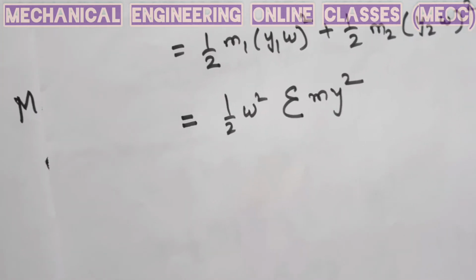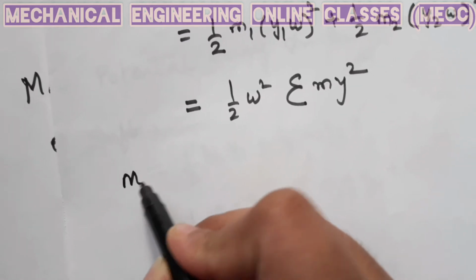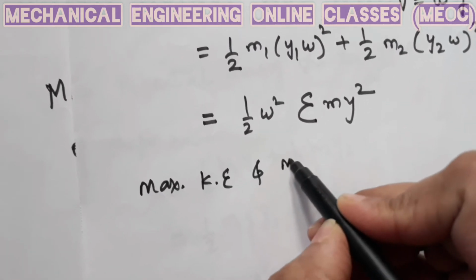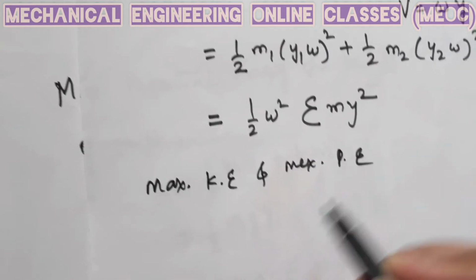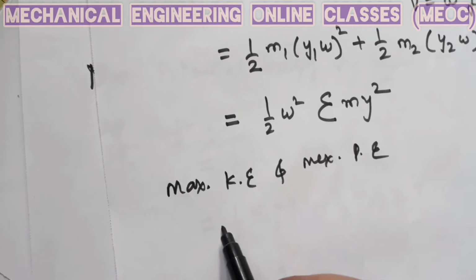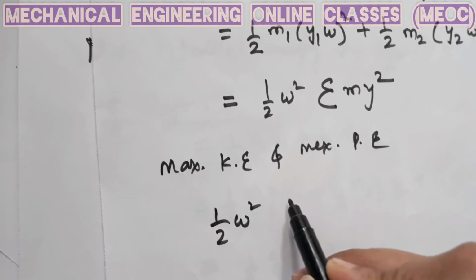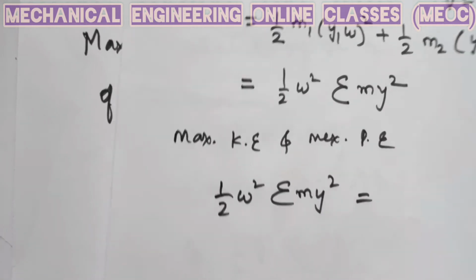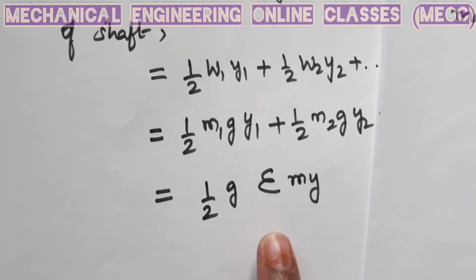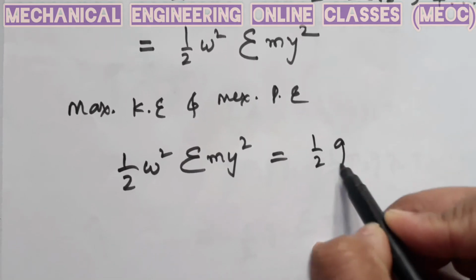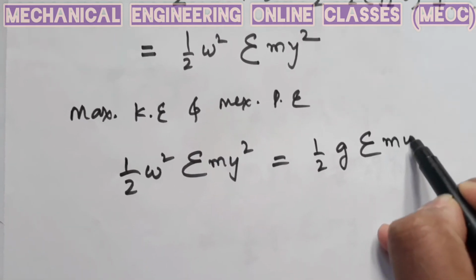So equating the maximum kinetic energy and maximum potential energy, where the maximum kinetic energy is this half omega square sigma my square, is equal to the maximum potential energy, this half g sigma my.